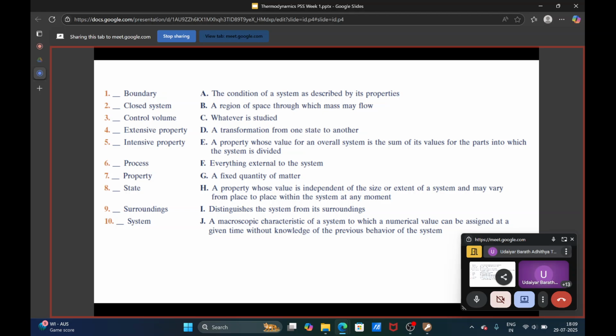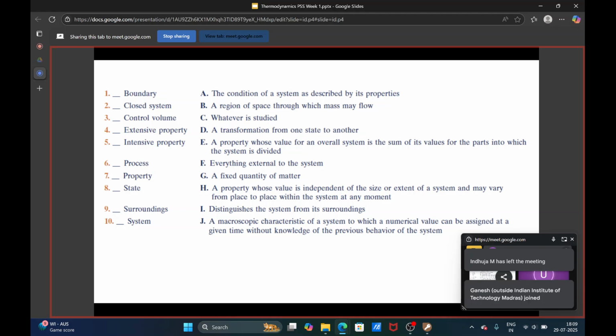So it's a simple match problem. You can try to match what we have just gone through, and I'll be answering this again. You try to match it.